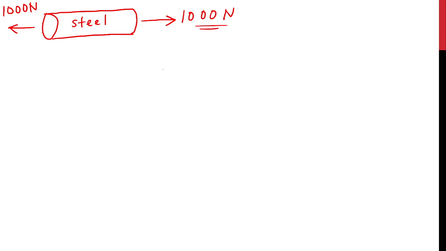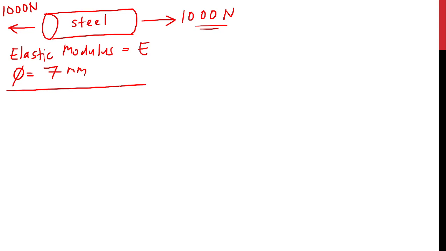For example, steel has something called the elastic modulus, still remember? Elastic modulus, that is E. Let's say the diameter is 7 mm. We can find the deflection. The question is, what is the elongation? Steel, what is its elastic modulus? Who remembers? If you don't remember, Google.